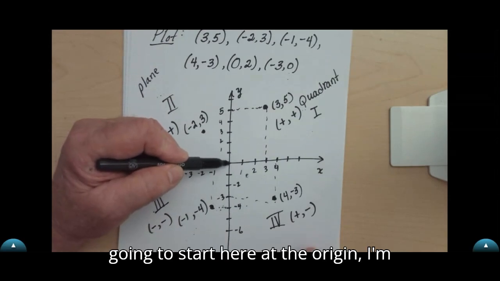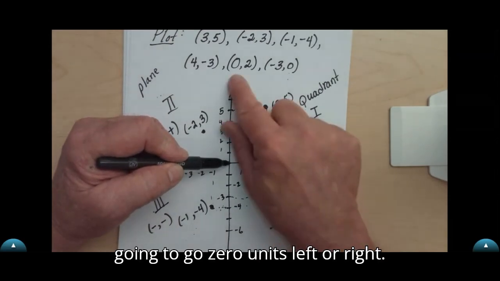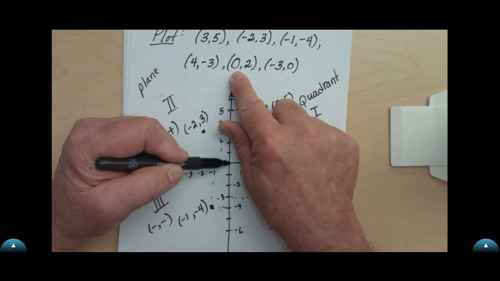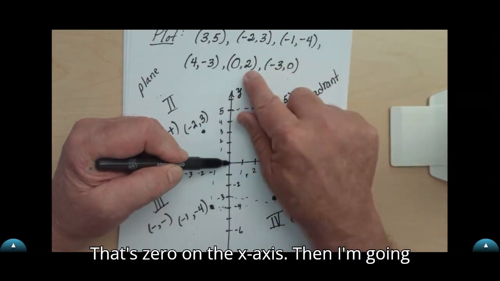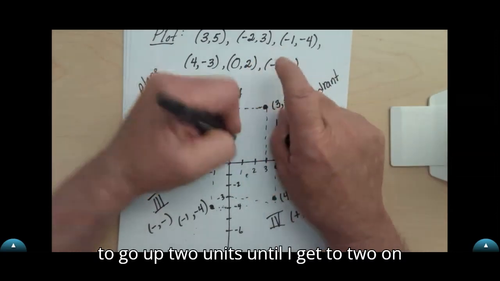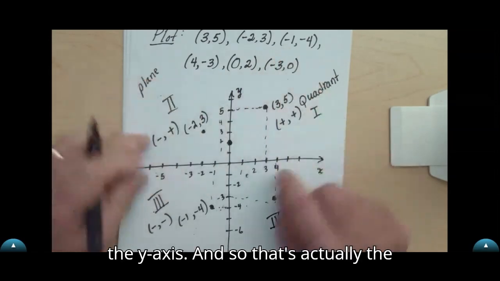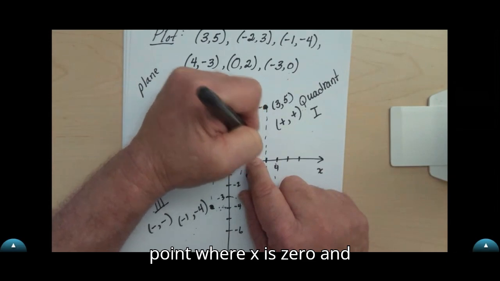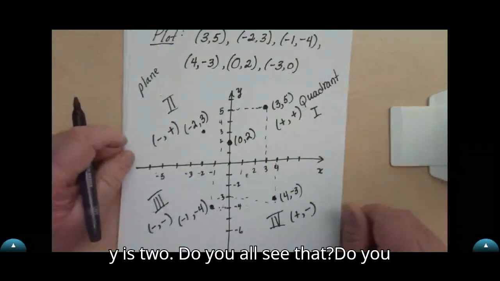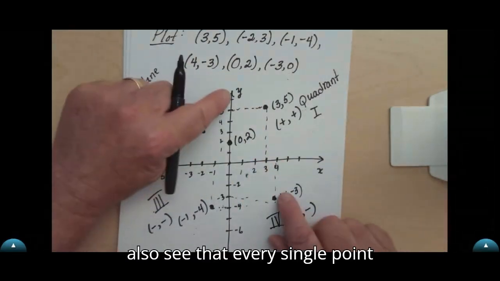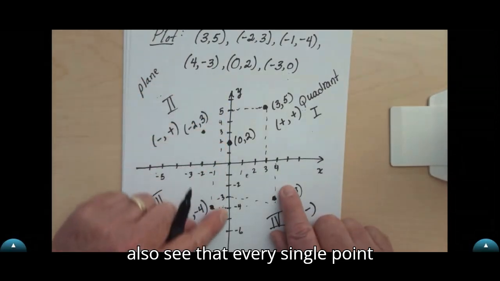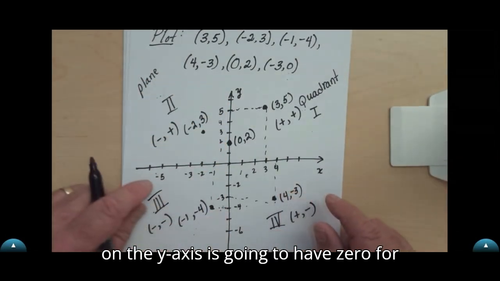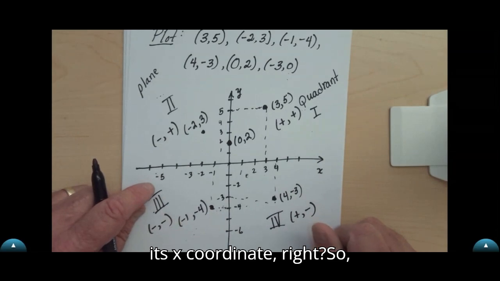So I'm going to start here at the origin. I'm going to go 0 units left or right. That's 0 on the x-axis. Then I'm going to go up 2 units until I get to 2 on the y-axis. And so that's the point where x is 0 and y is 2. Do y'all see that? Do you also see that every single point on the y-axis is going to have 0 for its x-coordinate, right?